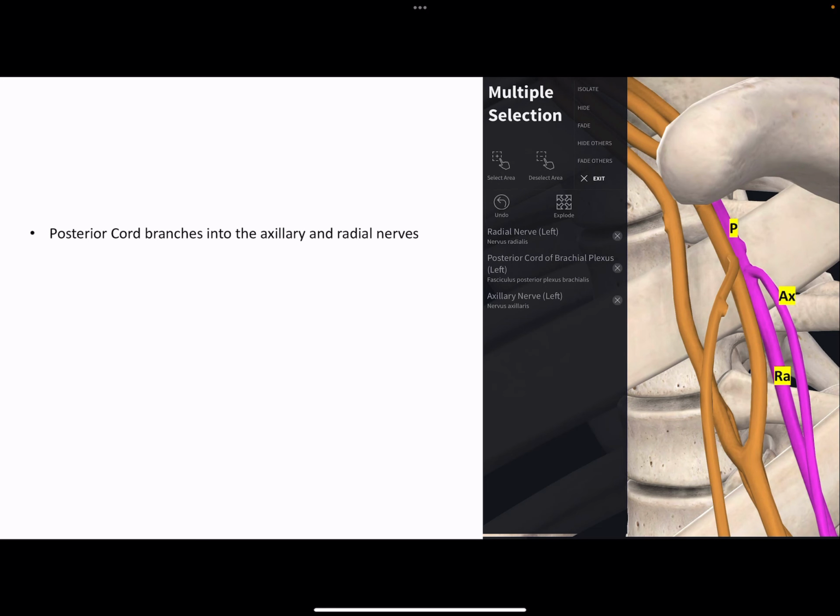All right, so now we're going to look at the posterior cord. It branches into the axillary and the radial nerves. If you need to remember, we had something like this, bum, bum, and bum. This was the posterior cord in the middle, and it gives birth to the branches of axillary and radial.